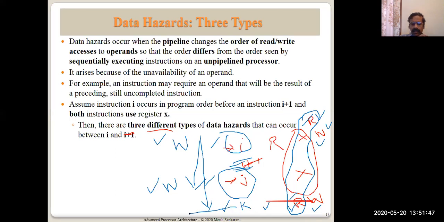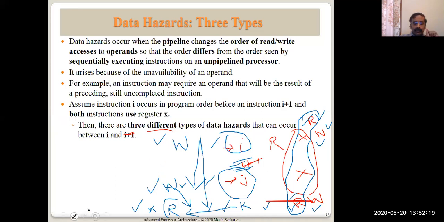Assume K wants to read from the same register X. K wants to do a read operation on the register X. It assumes the write happened just prior to this. This result is available here, right? It will assume that this write has happened just now, so I will have the result of this write and I can read now.